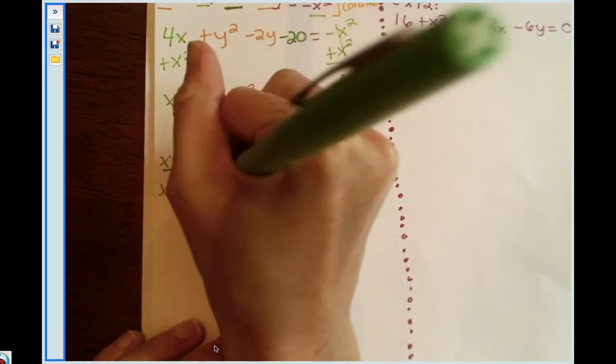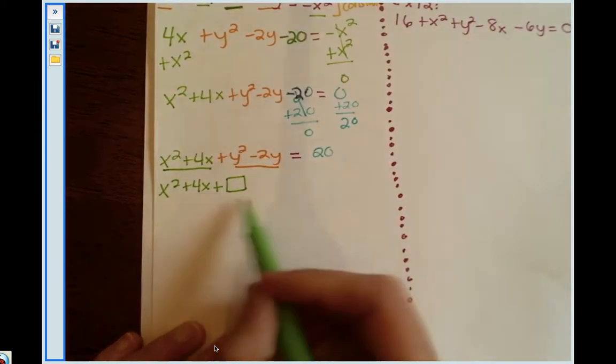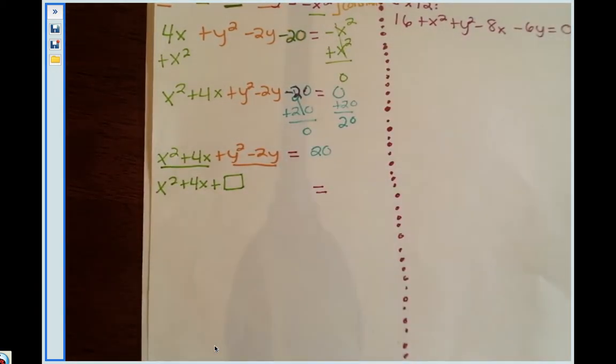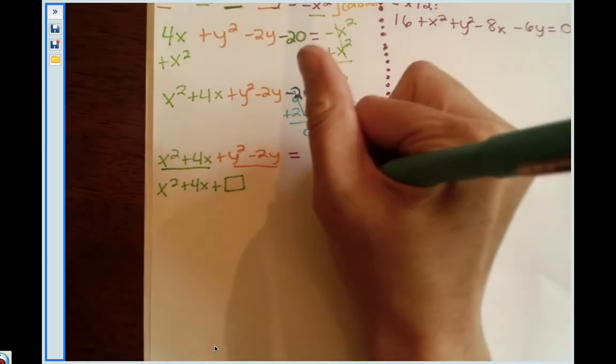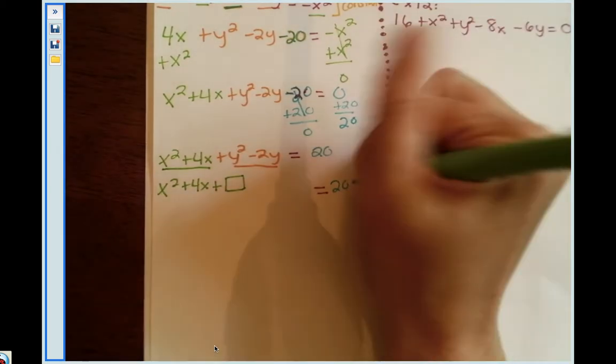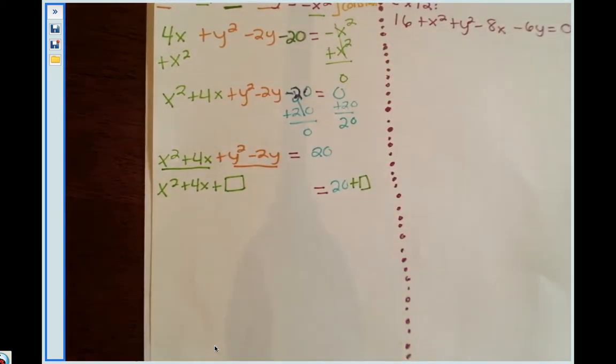So I'm going to set that up. We're going to add something to the x's, which means eventually we'll be adding it to the other side of our equation as well to keep our equation balanced. And then we're going to do the same thing with the y.